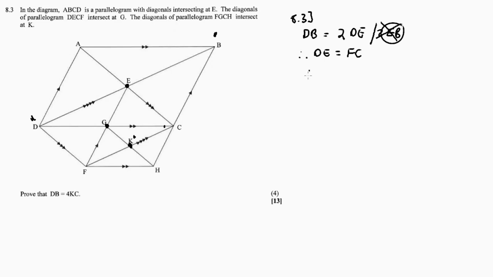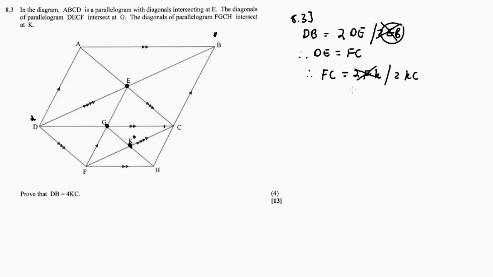Now, what do we say about FC, right? FC is also equal to 2FK or 2KC, but FK will not be relevant.